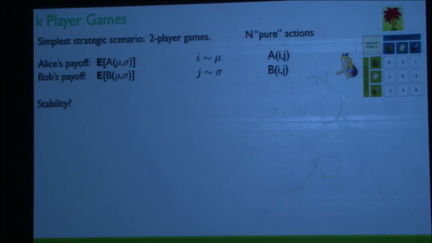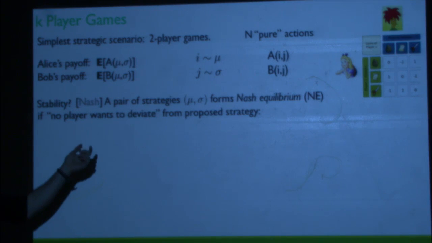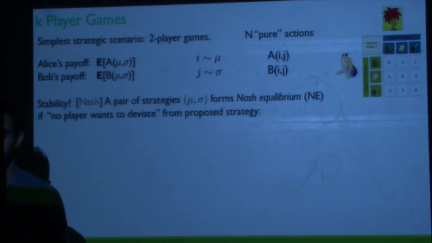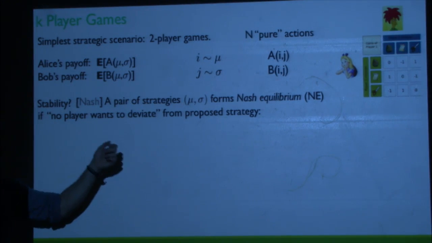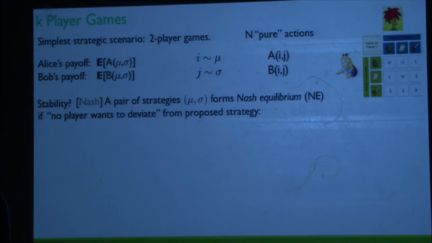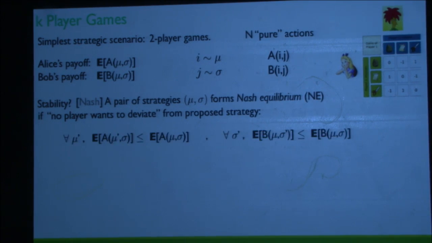So what captures the notion of stability in such games? The most widely acclaimed solution concept is that of a Nash equilibrium. So we say that a pair of mixed strategies, mu and sigma, form a Nash equilibrium if, intuitively speaking, no player has any incentive to defect from the current strategy, assuming that the opponent adheres to his own prescribed strategy.